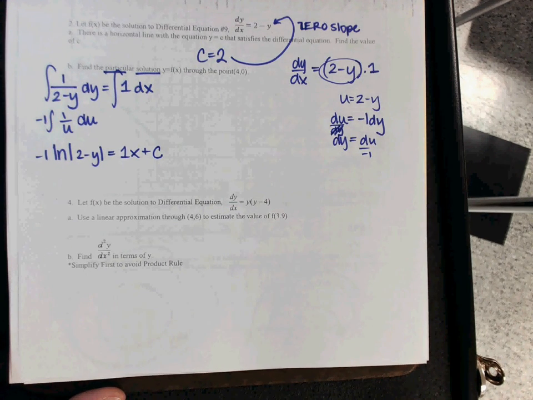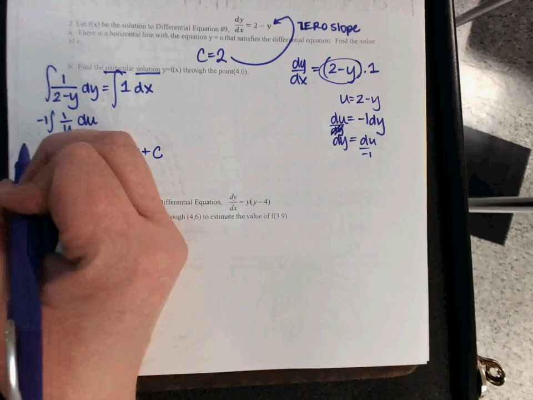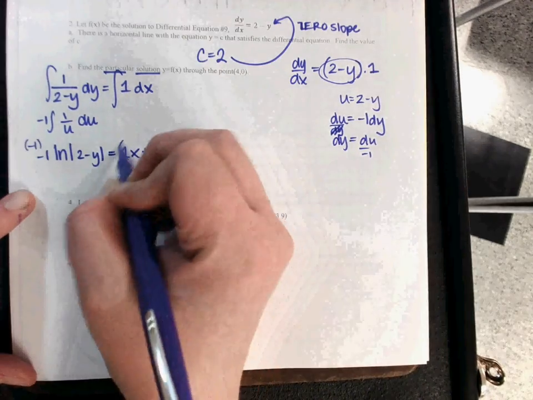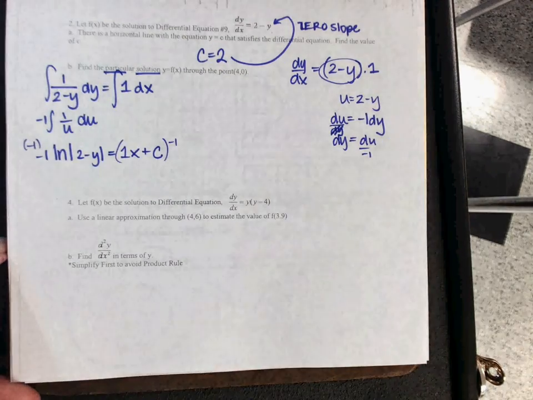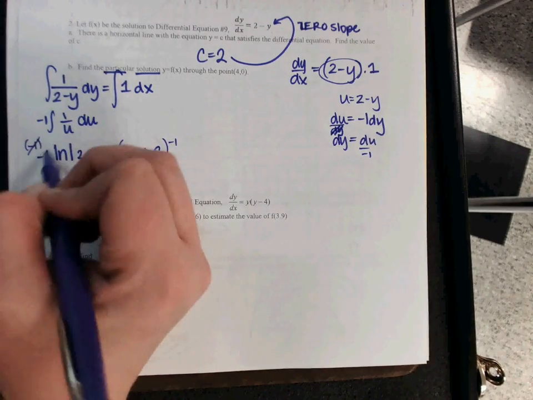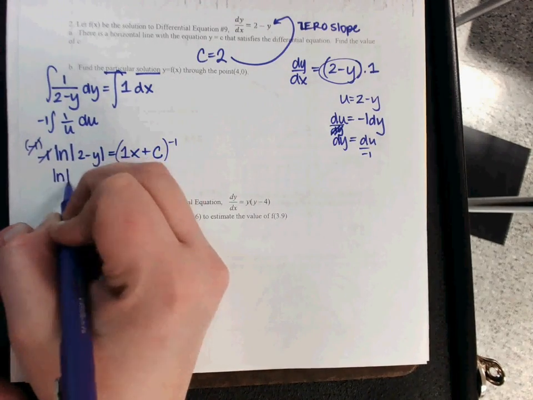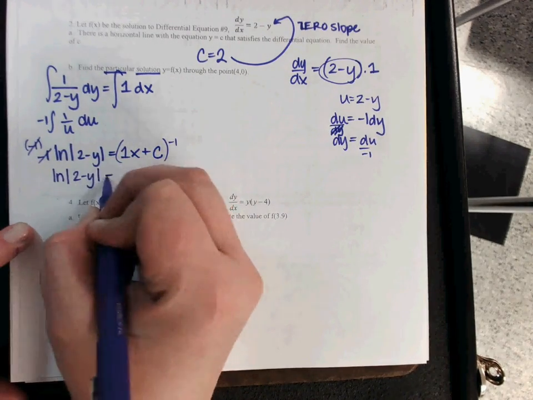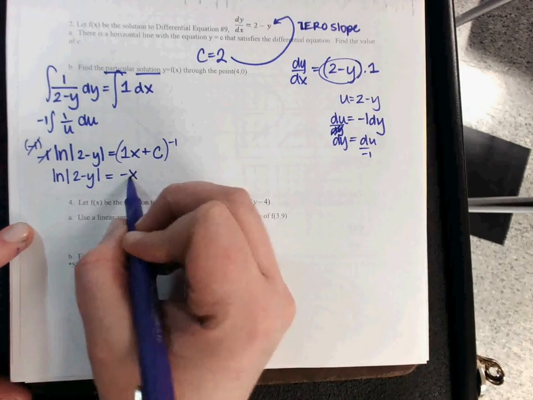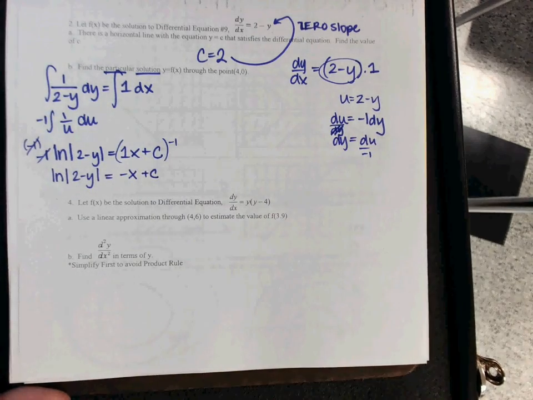So we have a negative in front of our ln. Can you e both sides with that negative there? You're going to have to times by -1. Good. So I'm going to times by -1 here and here. Okay, so then these cross out. Now I just have ln. What would I have to do next?